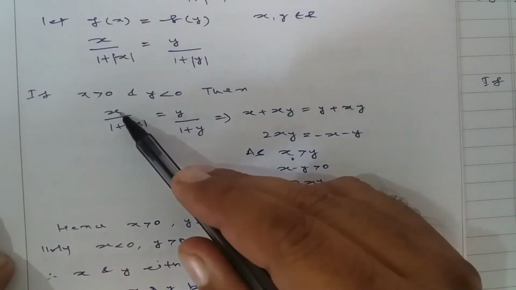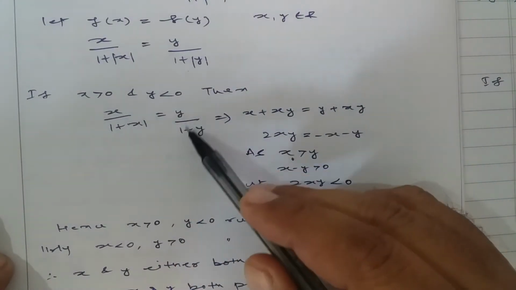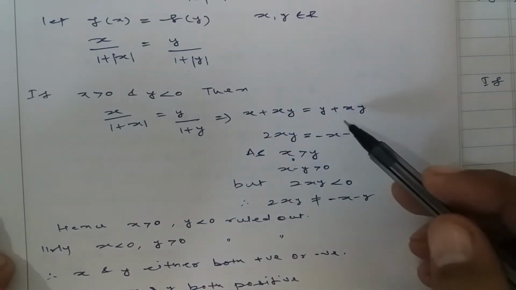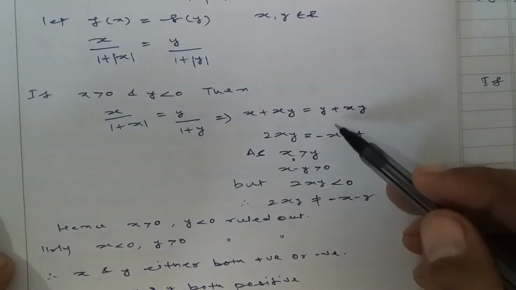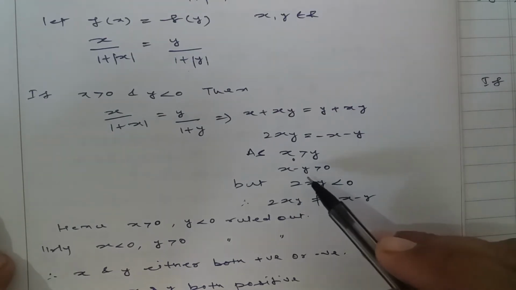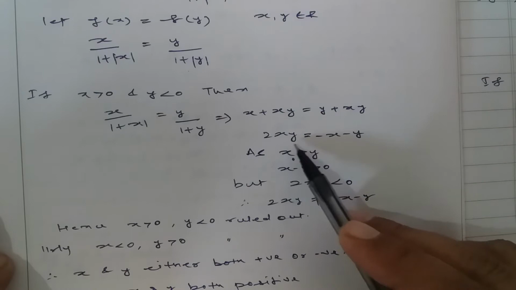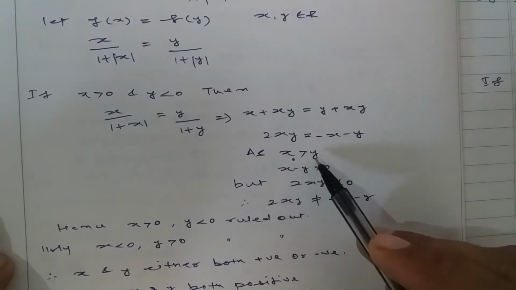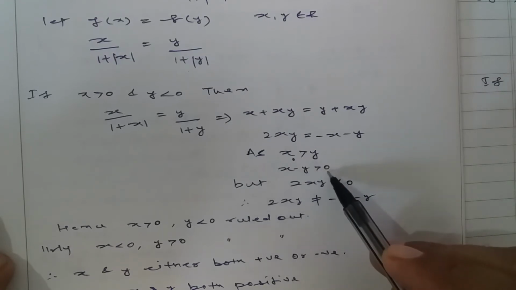then it is x upon 1 plus x equals y upon 1 plus y, or you can say y is negative, so it is minus. So when you cross multiply and calculate, this will come as 2xy is equal to minus x minus y. As x is greater than y, x minus y is greater than 0.